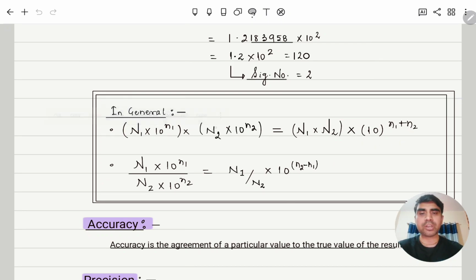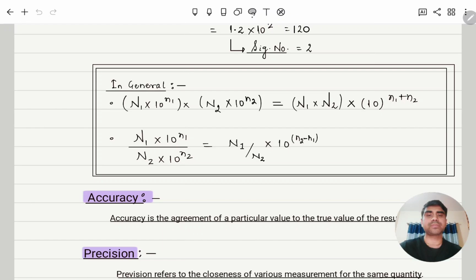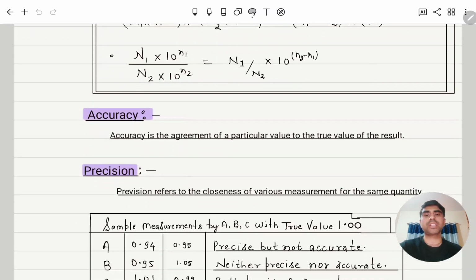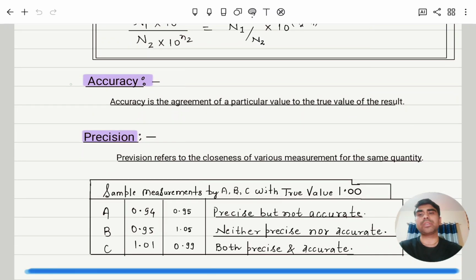Here n1 and n2, whichever has fewer significant digits, the answer should also have that many significant digits. Understood? Similarly in division also. After division, whatever result is coming, it should have only that many significant digits as whichever of n1 and n2 has fewer. Clear? Next, moving to accuracy.